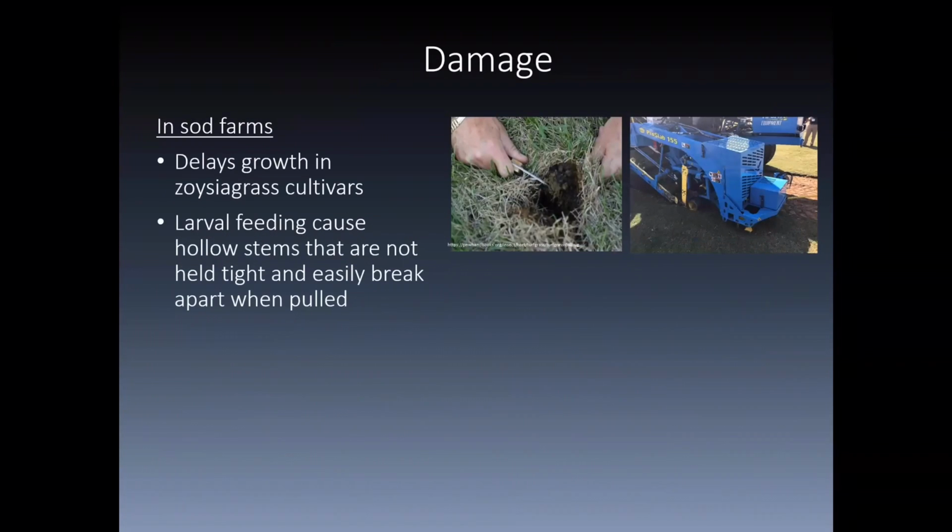In sod farms, we have seen some disparities on different grass types. Zoysia grass in particular is where we have seen most of the problems, but we see them in Bermuda grass and other grass types too.